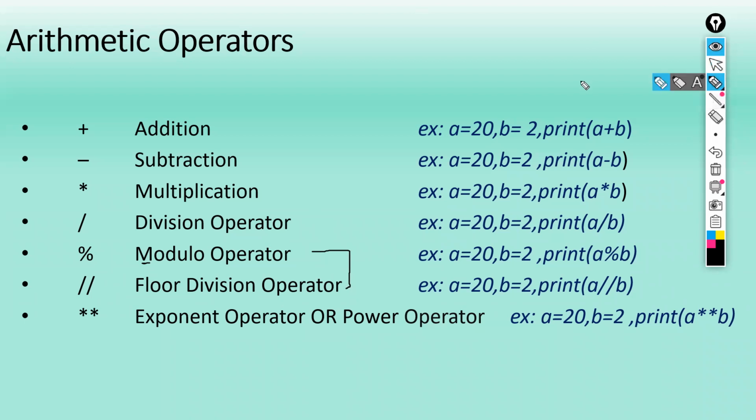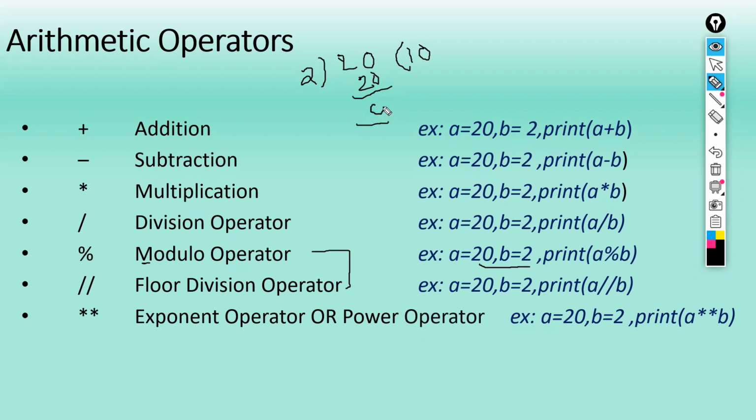In our childhood, we have done it like this: divide with 2. 20 is there, and we need to divide it by 2. 2 into 10 is 20. So the quotient is 10.